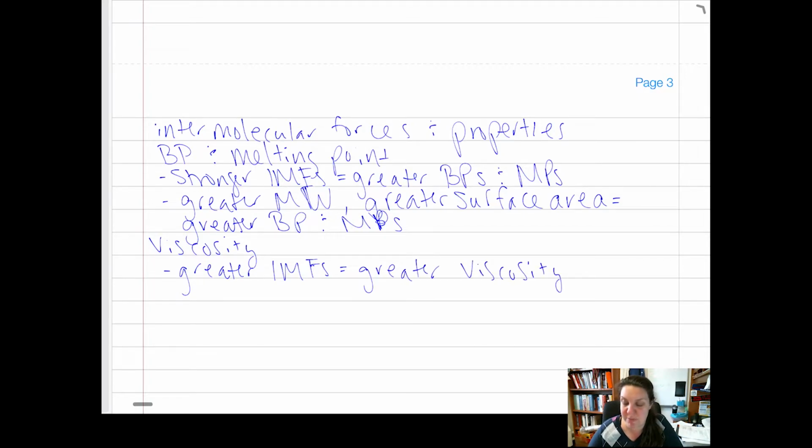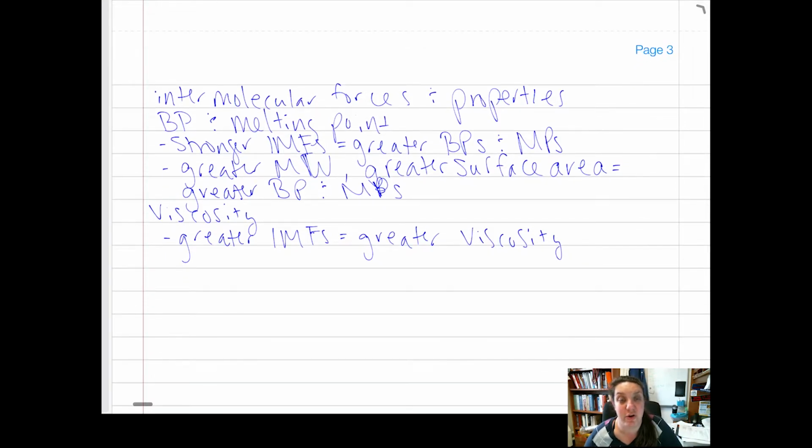But the shape of the molecule actually will have greater effect. The more likely a substance can entangle within itself, the greater the viscosity. So large surface area, long molecules, will have a lot of viscosity. And things that have lots of hydrogen bonds will also have great viscosity.